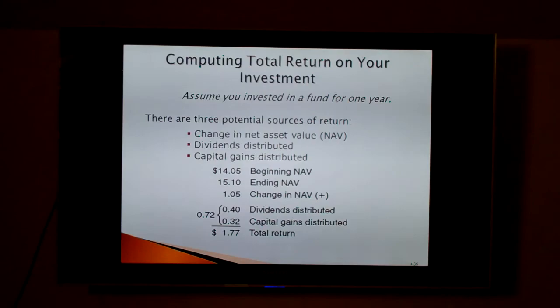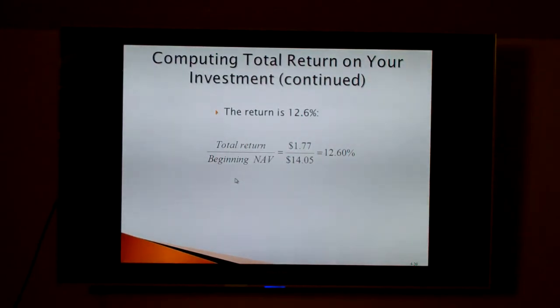Computing total return on your investment, very simple calculation here. Beginning NAV, ending NAV, what's the change in NAV, also account for dividends and capital gains. Okay? So we have some key information here. $1.77 plus a change in NAV.